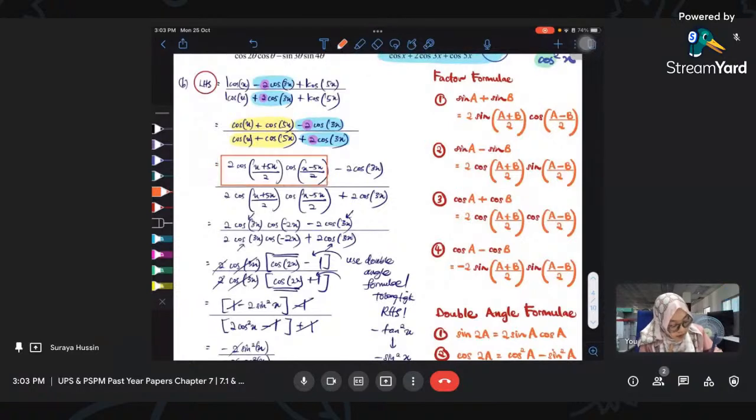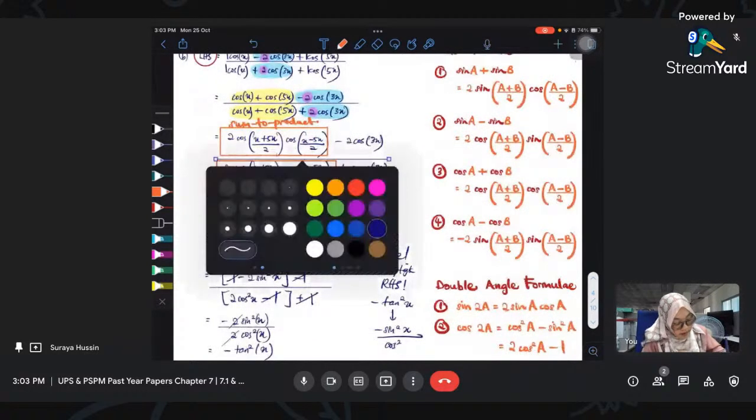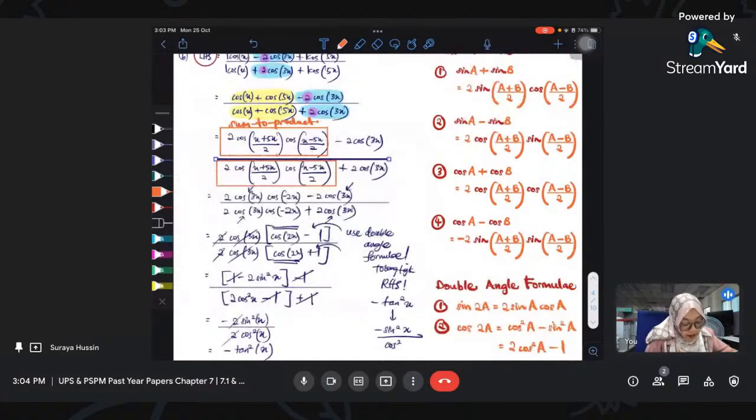So these are the, apa ni orang panggil? Sum to product. So this is sum to product formula. And here also. Okay. And then I simplify it.